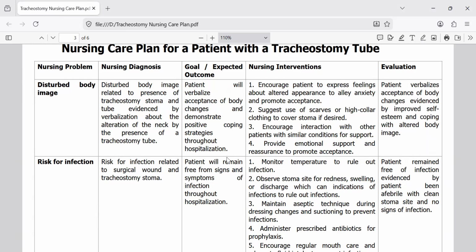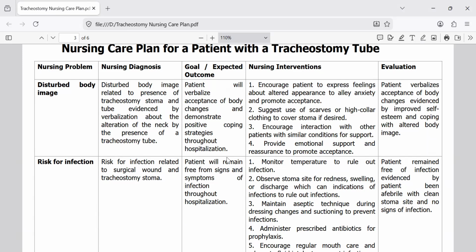Number 4, I will provide emotional support and reassurance to the patient to promote acceptance. So this is also very important, because if you are constantly providing counseling, emotional support, and assurance to this patient, they will eventually accept, or you are helping them to reach a point where they can accept their situation.